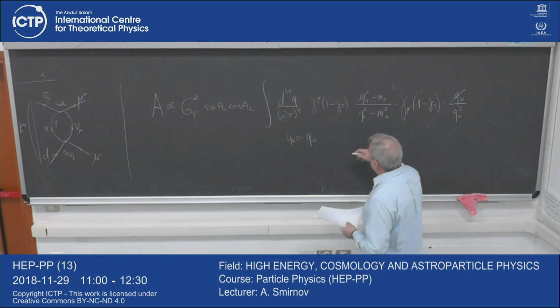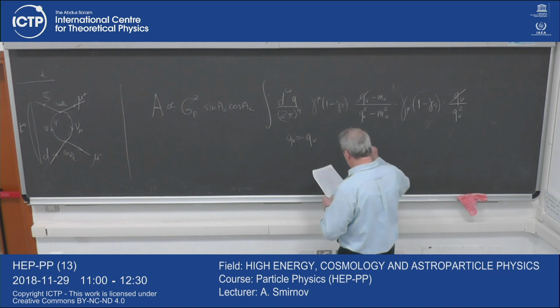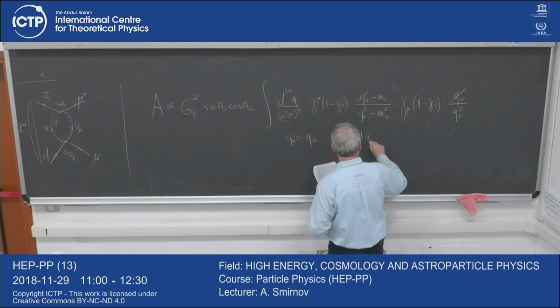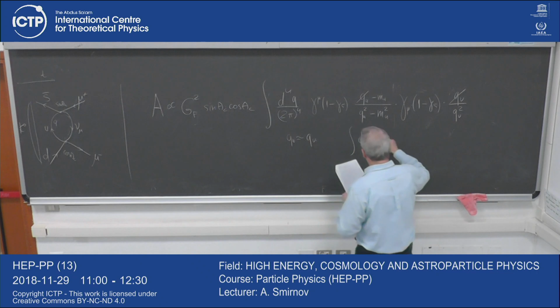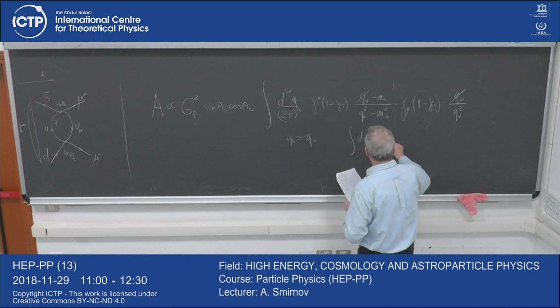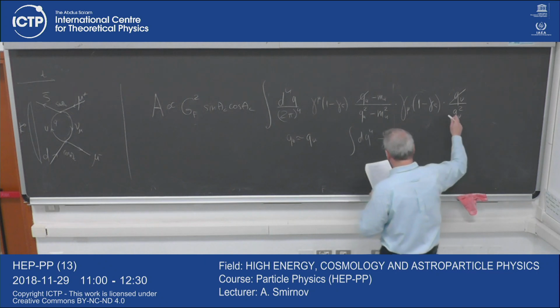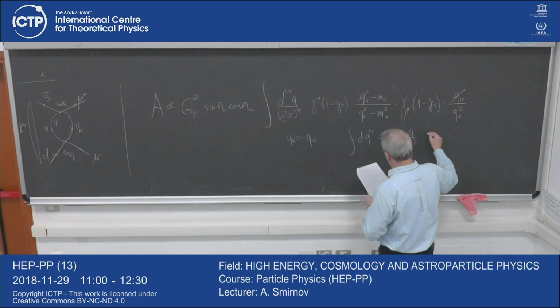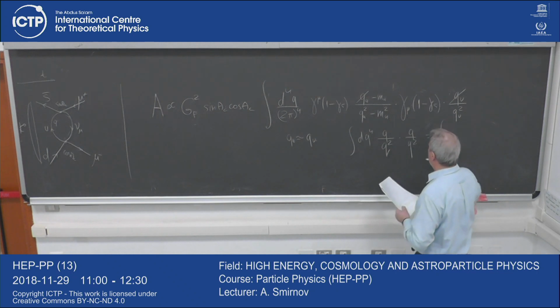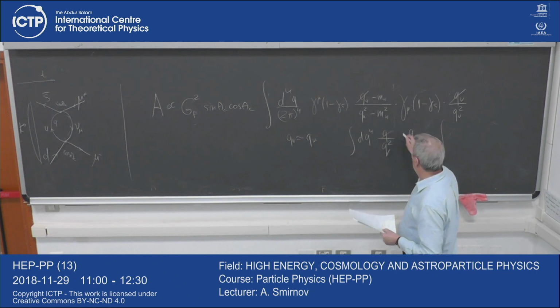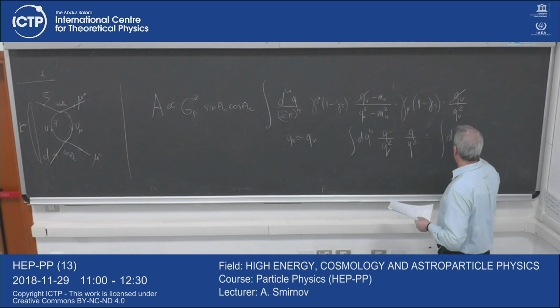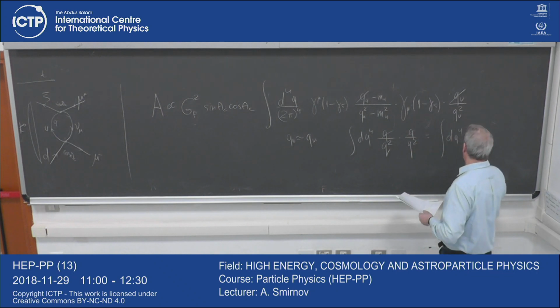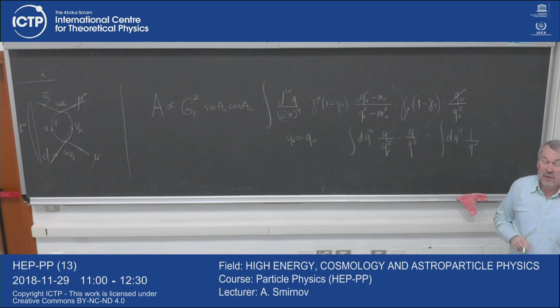So this integral has the following structure. You have this d^4q, and then from this propagator it's q over q squared, and from this it's again q over q squared. So what you have here is the integral d^4q over q squared. So this integral is divergent, right?